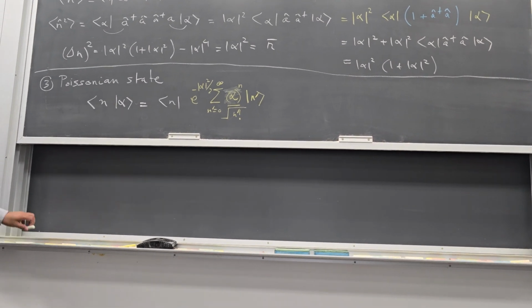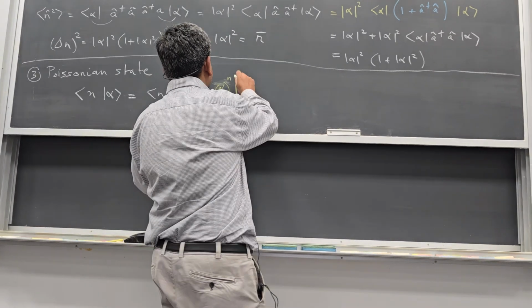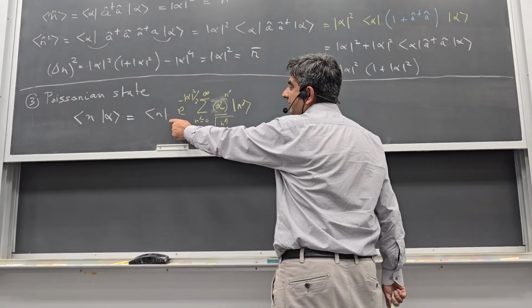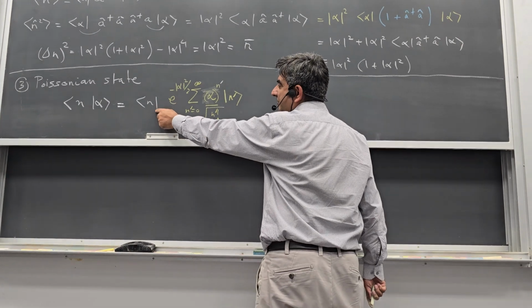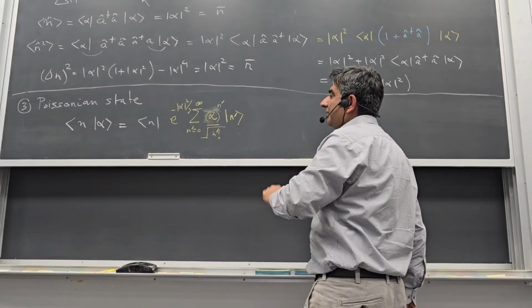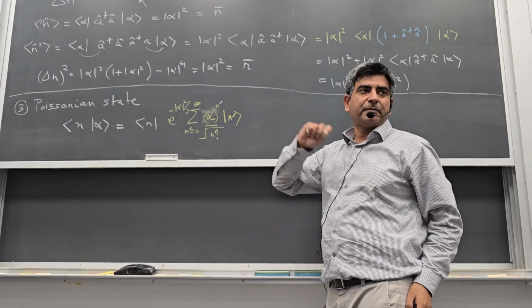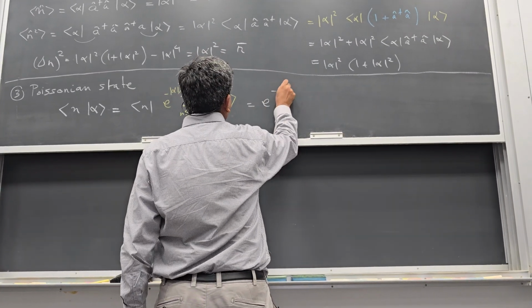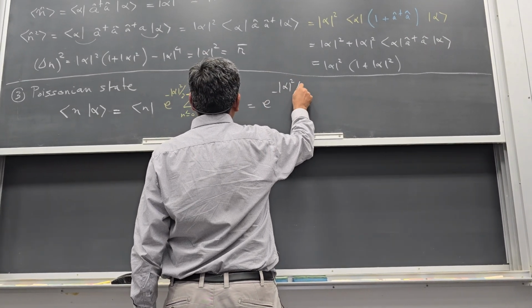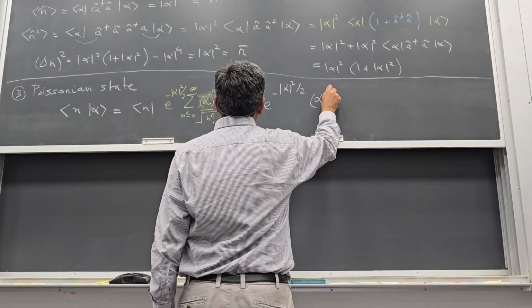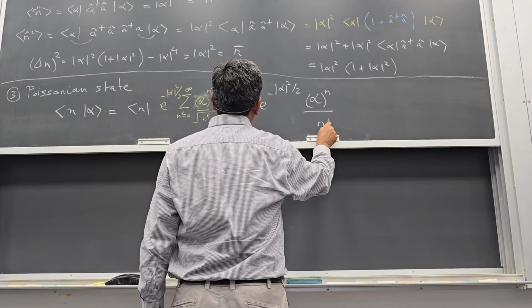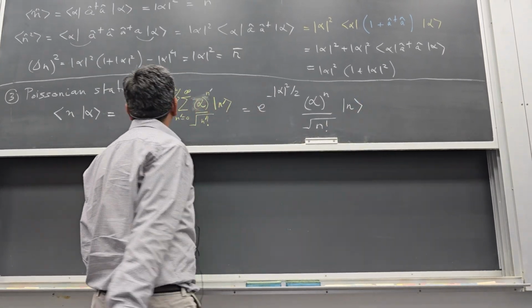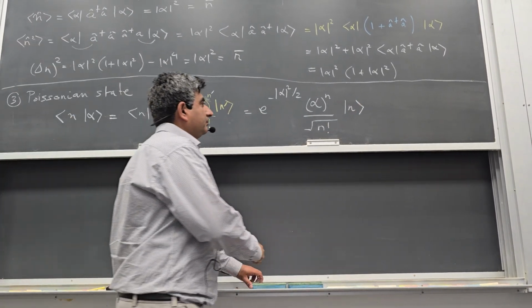Okay, so now this really means that the overlap of number states is a Dirac delta function with respect to n and n prime. So only one of these values will be picked up. So I will get e raised to the power minus |alpha| squared over 2, alpha to the power n over the square root of n factorial.